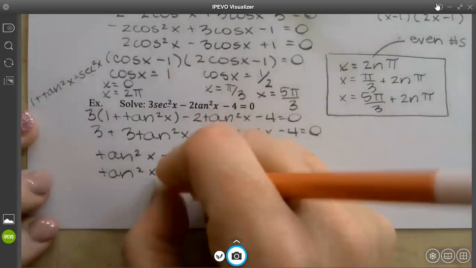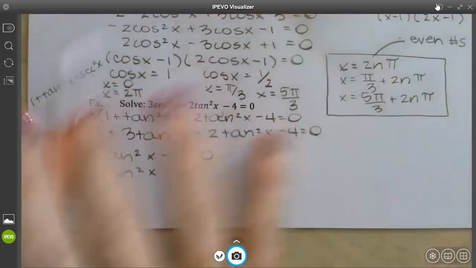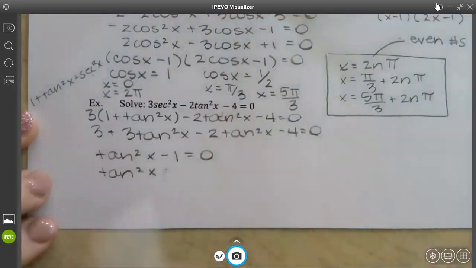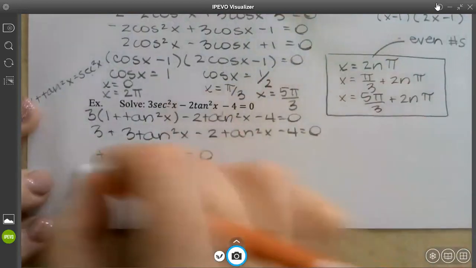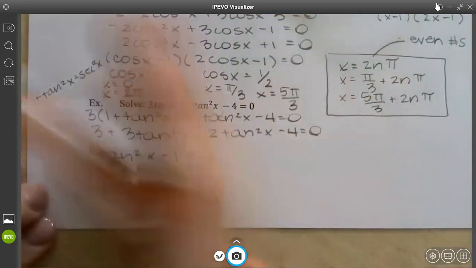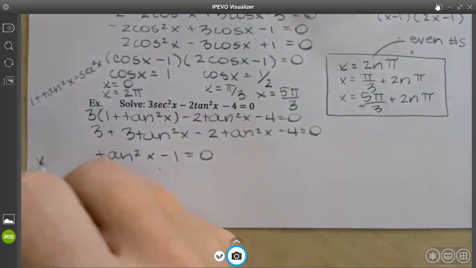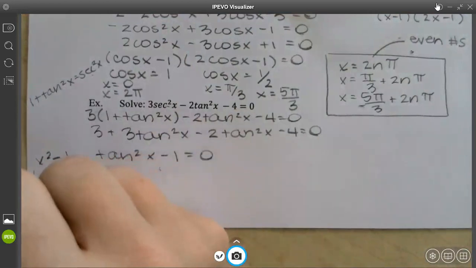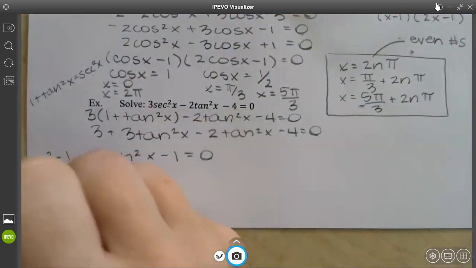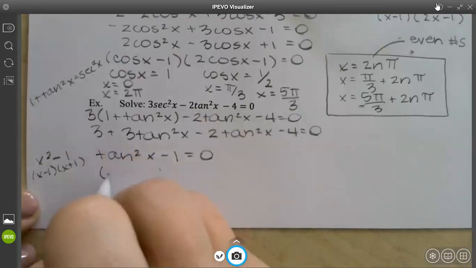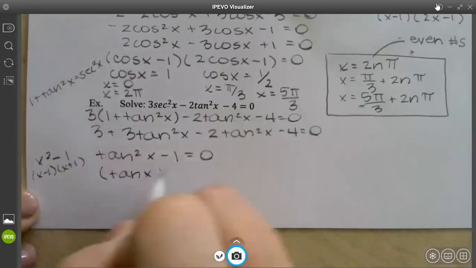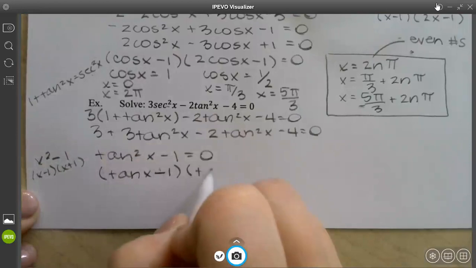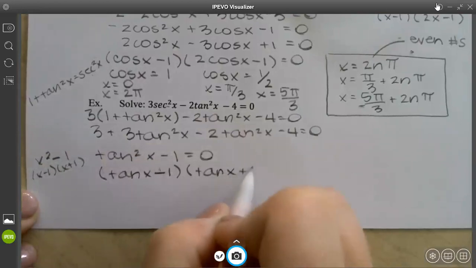All right, let me show you. This might make the front easier. I can change this. Just bear with me. I'm sorry I made you erase if you're erasing. Change this to x squared minus 1. How do we factor x squared minus 1? x minus 1, x plus 1, right? So this would be tan x minus 1 and tan x plus 1.